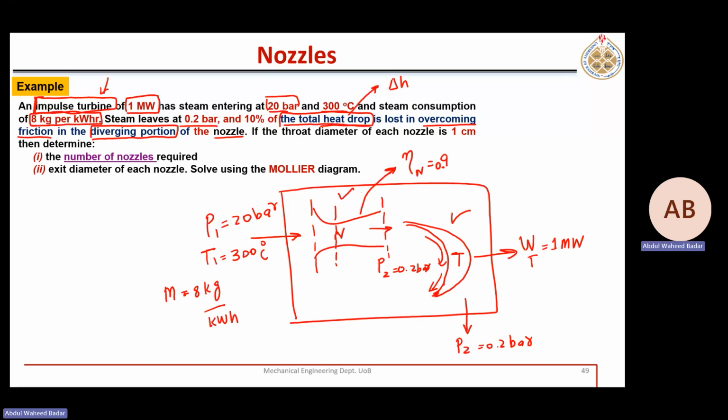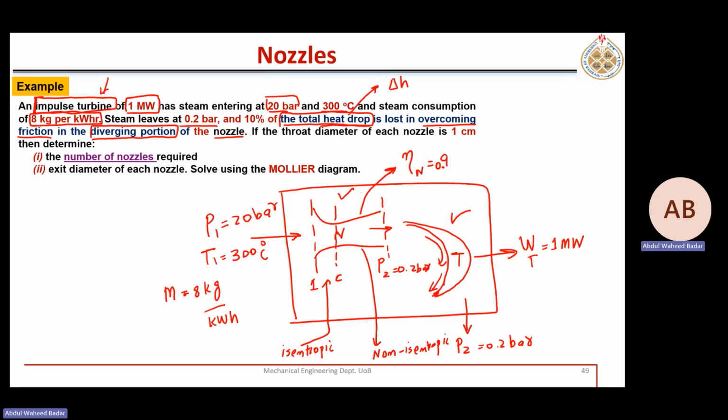And that is only for the divergent part. So it means from inlet till throat, the process is isentropic. But from the throat to 2, it is non-isentropic, because this nozzle efficiency is given only for the divergent part.